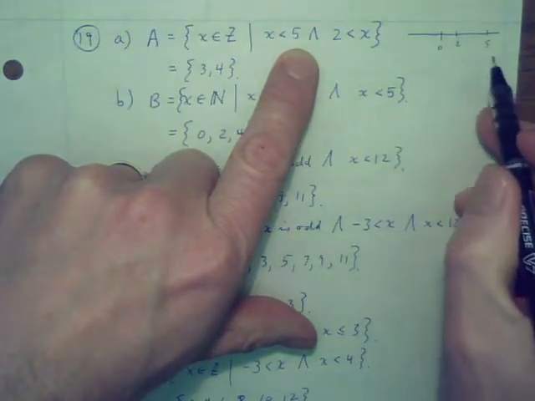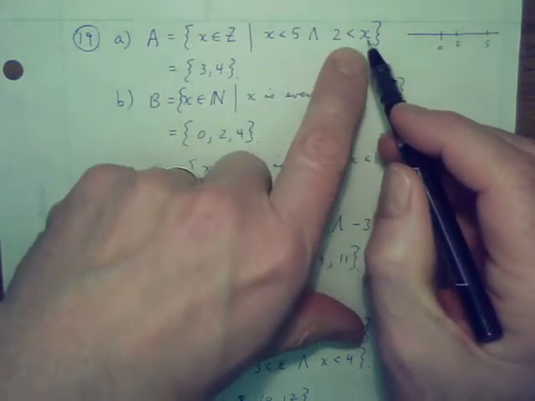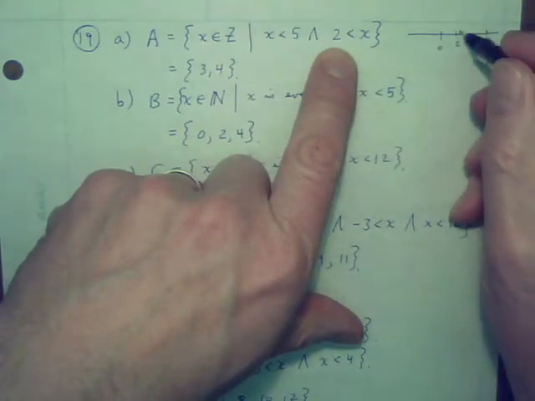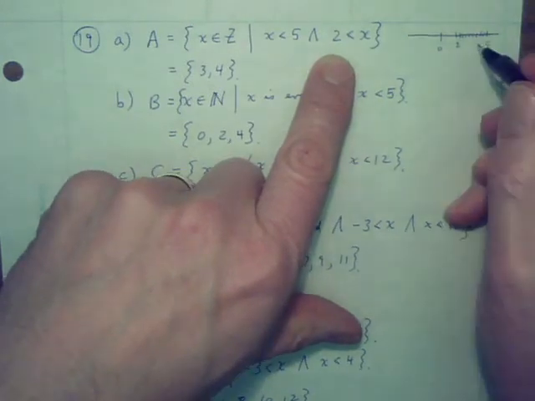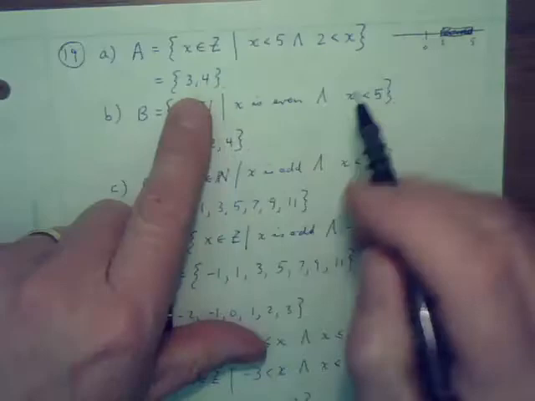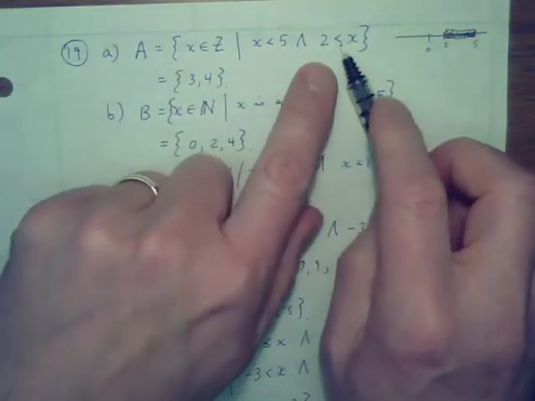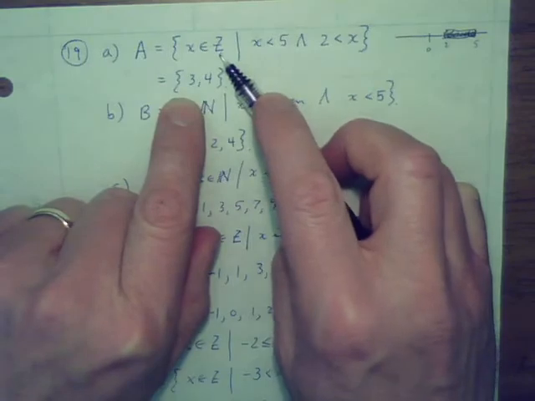It doesn't even have to really be to scale. So x is less than 5, but x is greater than 2. So we're just in this region between 2 and 5. And it can't be equal to 2 and it can't be equal to 5, so it's got to be just 3 and 4 because x is supposed to be an integer.